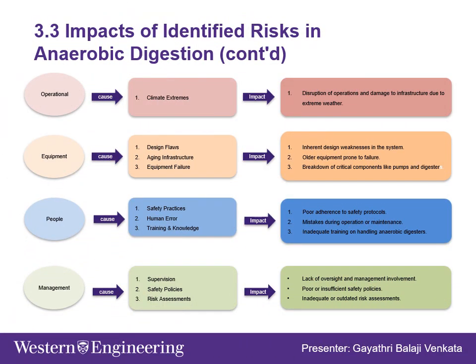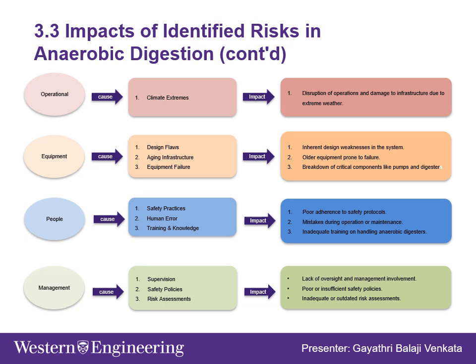Let's continue to explore the impacts of risk in anaerobic digestion, focusing on operational, equipment, people, and management categories. Operational risks include climate extremes that can disrupt operations and damage infrastructure, showing the need for strong backup plans. Equipment risks like design flaws, aging infrastructure, and equipment failure can cause critical system breakdowns, especially in key components like pumps and digesters.